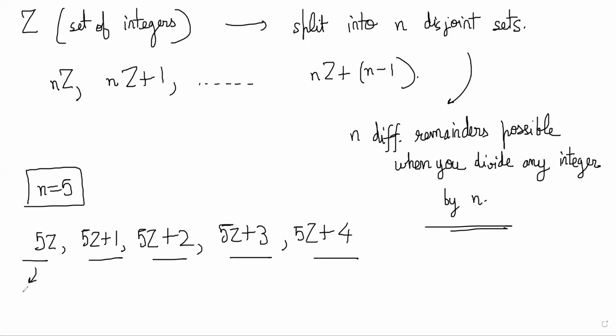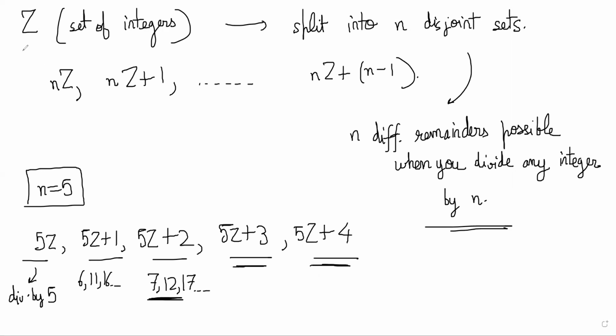This is the set of all numbers that are divisible by 5, so this will include 5, 10, 15, 0, and so on. This is the set of numbers which leave remainder 1 when you divide by 5, so these numbers here will be 6, 11, 16, and so on. Similarly, this will be 7, 12, 17, and so on. So the remainder is 2, remainder is 3, remainder is 4. There are no other types of integers.